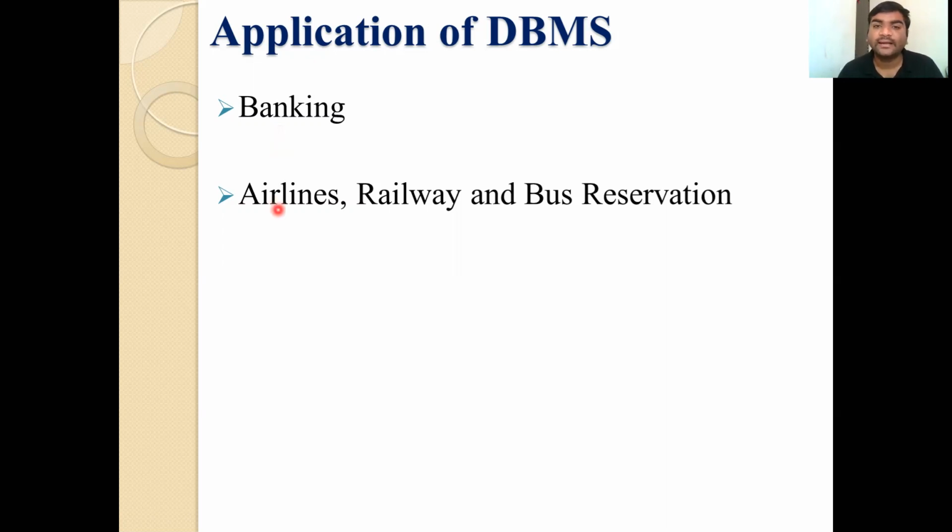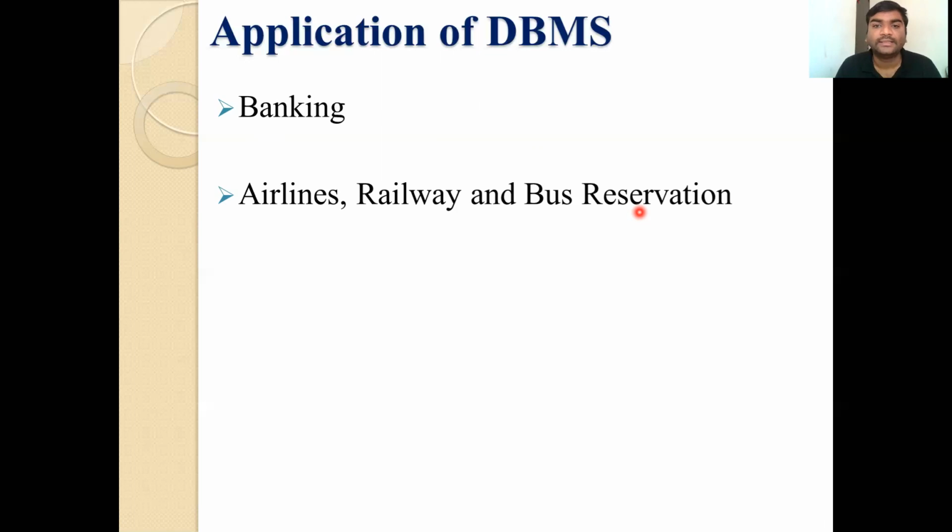Second is airline, railways, and bus reservation. A few years ago, if you wanted to book a ticket for your journey, you had to go to the railway station, bus station, or airport. But nowadays, you can book your ticket from your home. This is only because of the database management system.